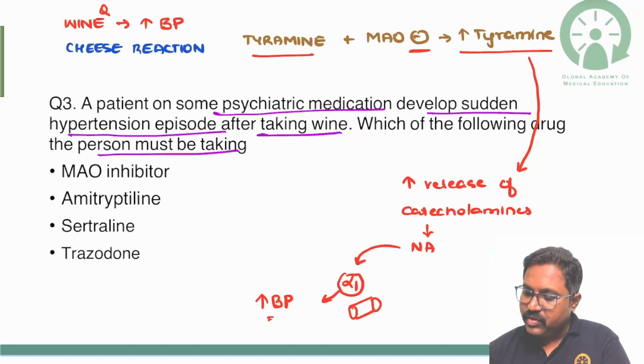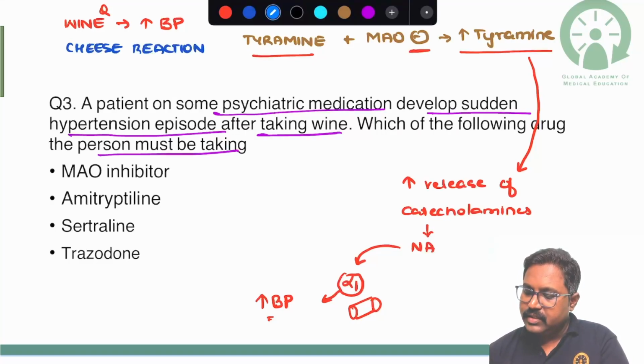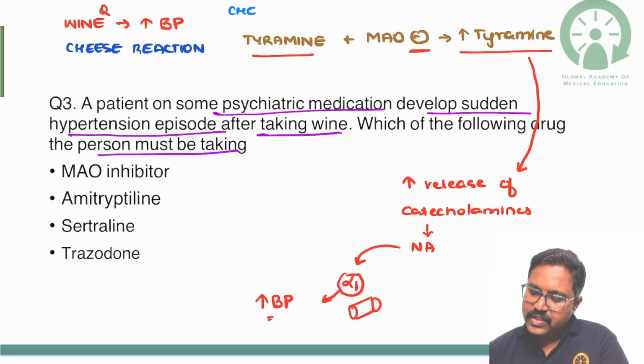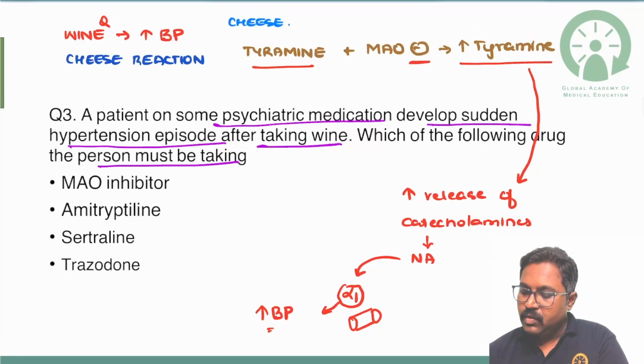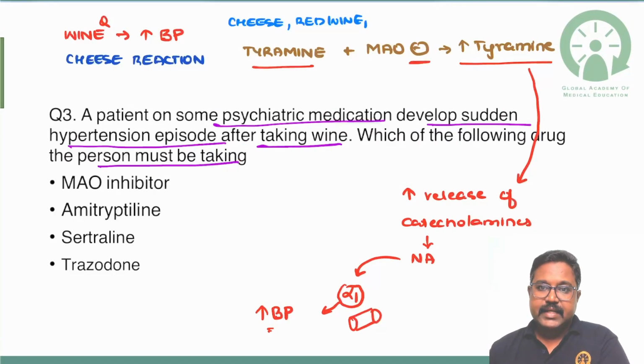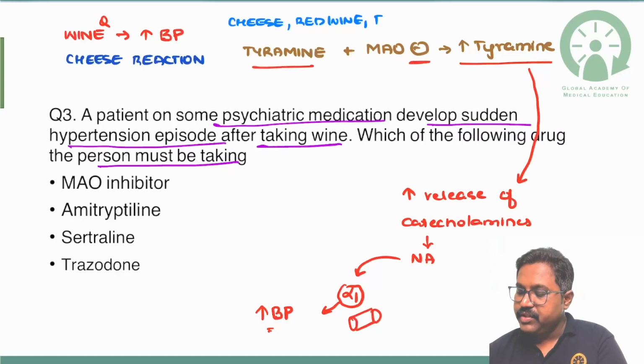Apart from that, if you consume other products like cheese, red wine, or fish, this is going to increase the tyramine levels when combined with monoamine oxidase inhibitors. So here the right answer will be monoamine oxidase inhibitors.